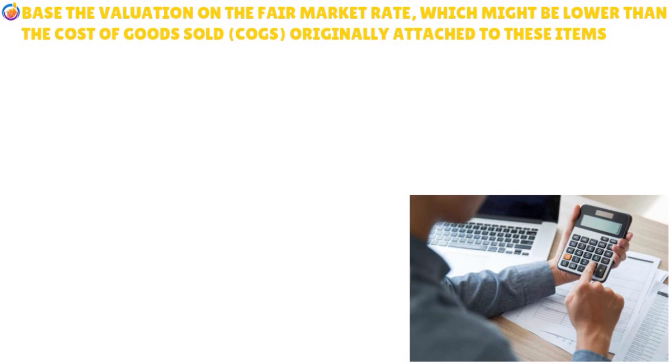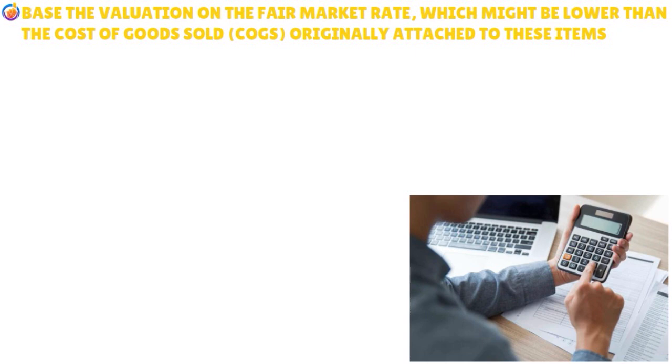You want to evaluate the total value of the spoiled or excess inventory at the end of each accounting cycle. And what happens here is that you want to base the valuation on the fair market rate, which might be lower than the cost of goods sold originally attached to these items, especially if you have a clear idea of what the value should be.